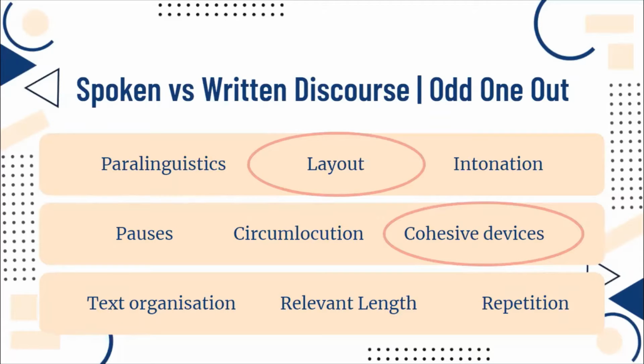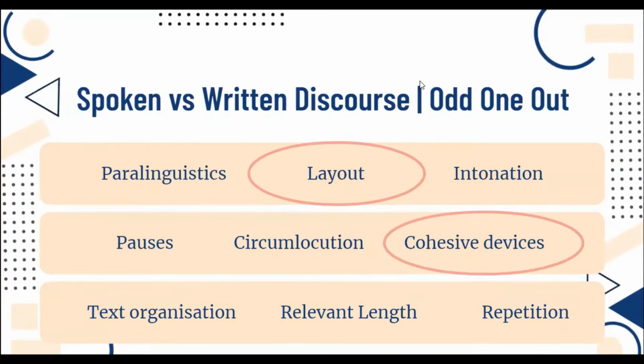And last one, we have text organization, relevant length, and repetition. Hello, Trevor. Which of these is not related to spoken discourse? Yes. Well, anyways, we generally try to guide our students to organize the text.